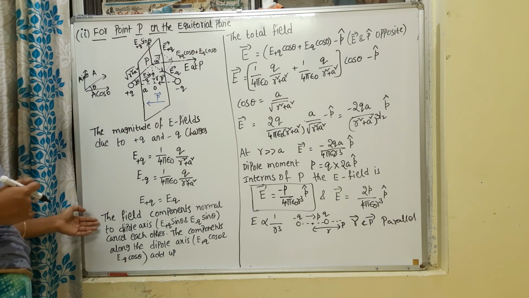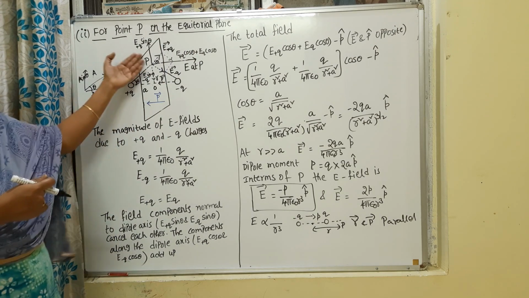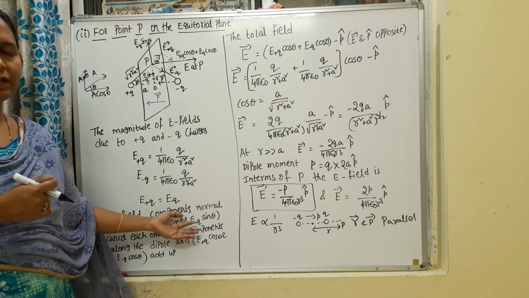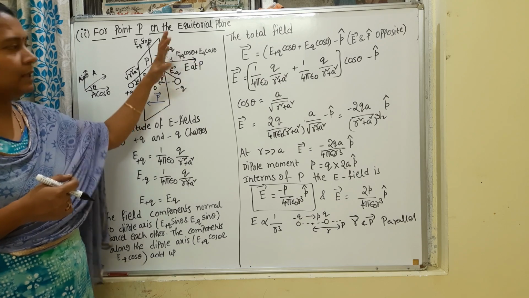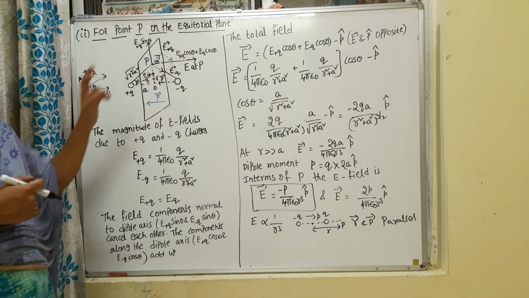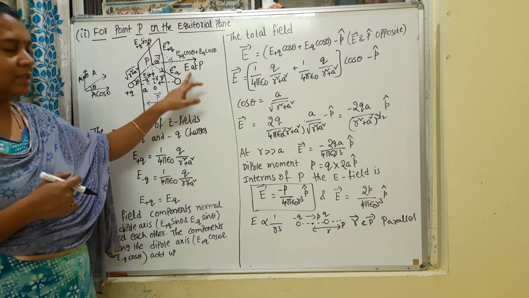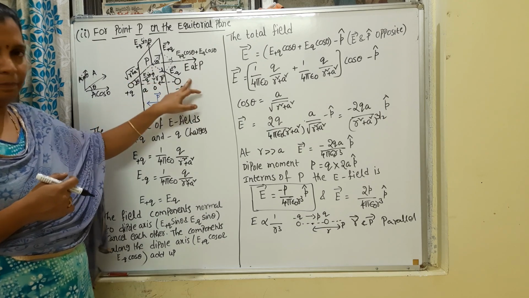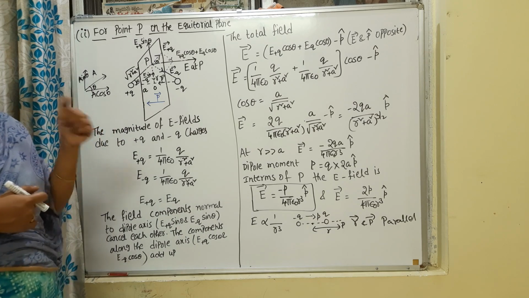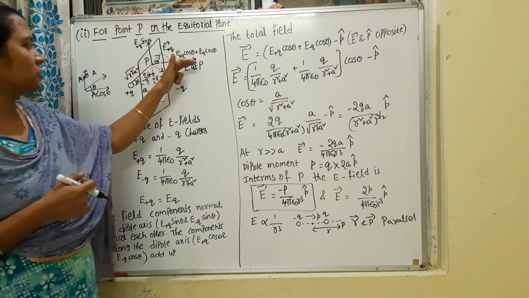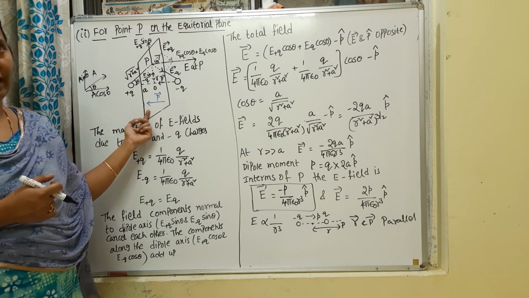So the electric field components which are perpendicular to the dipole axis cancel out, and the components which are lying along the axis get added up. And what is the resultant electric field? The resultant electric field at point P is the sum of the horizontal components. And in which direction is it? In a direction opposite to the direction of the dipole.